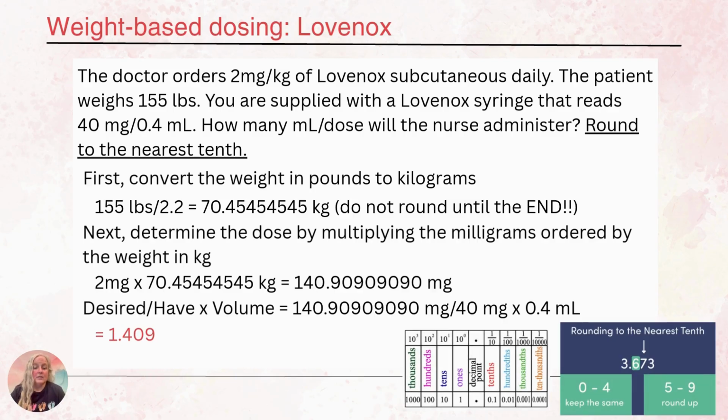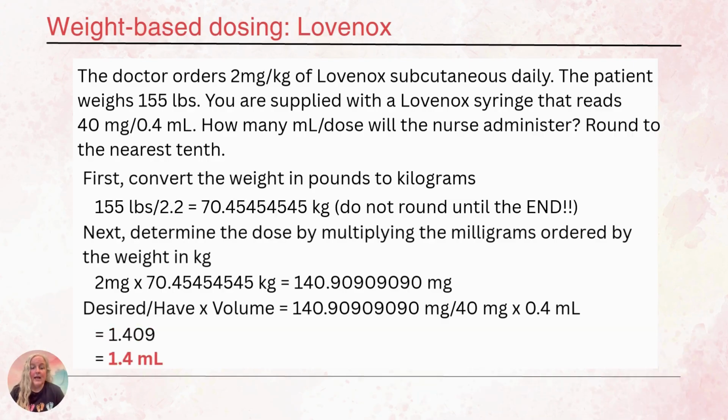We need to round to the nearest tenth. So the tenth is the first number to the right of the decimal, and we're going to look at the number beyond that to decide if we need to round up. So that number needs to be 5 or greater in order to round up, but that number in the hundredth spot is a 0, so we will not round up, and our total is 1.4 milliliters.